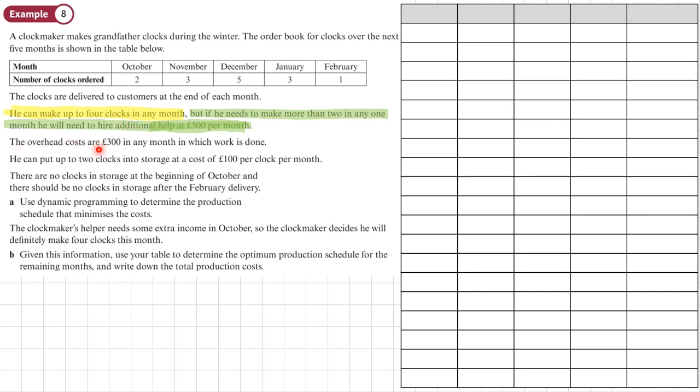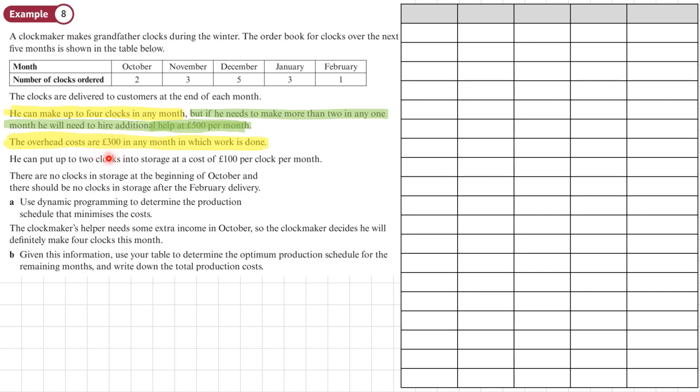The overhead costs are £300 in any month work is done. So the overhead costs, that's like his fixed costs, and if he's doing work, that's going to cost him £300 in overhead, so like electricity, gas, that type of thing, I guess.